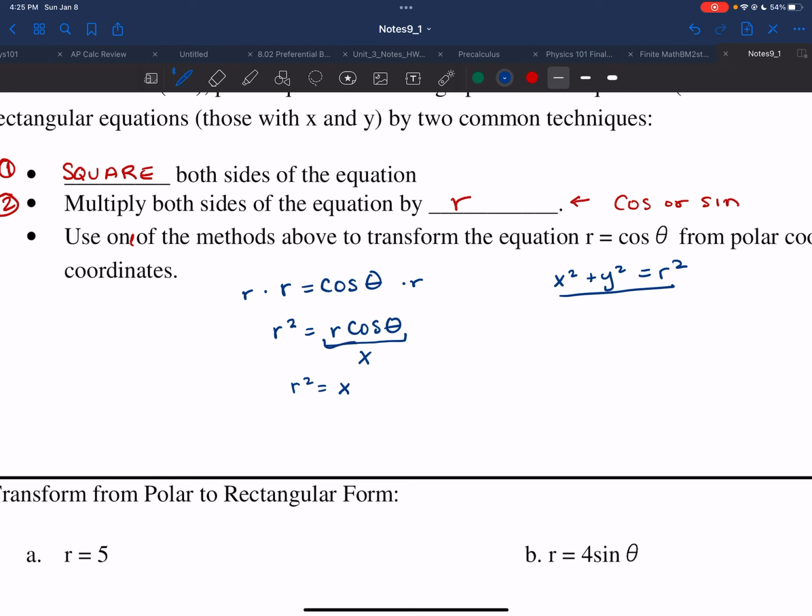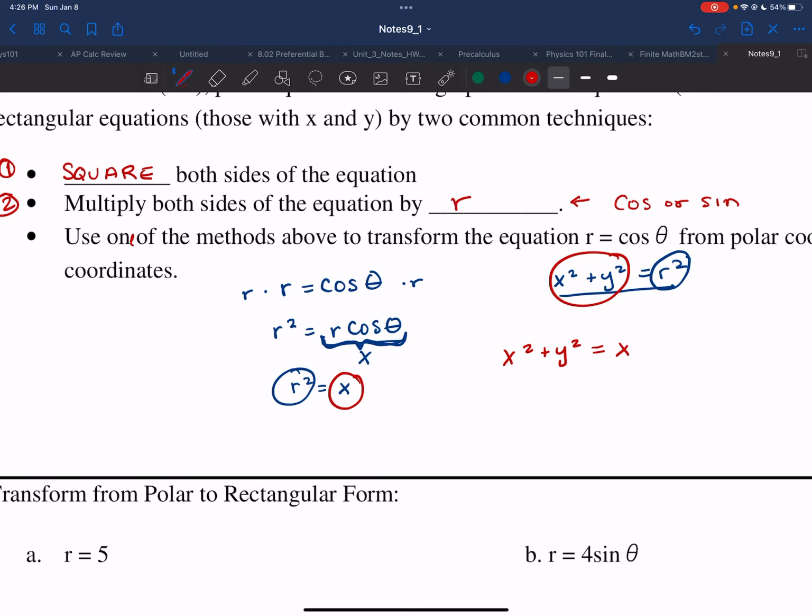Because this is equal to r squared and this is equal to r squared, we're going to set them equal. So we have x squared plus y squared equals x.